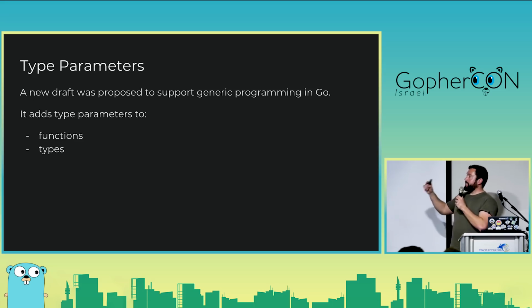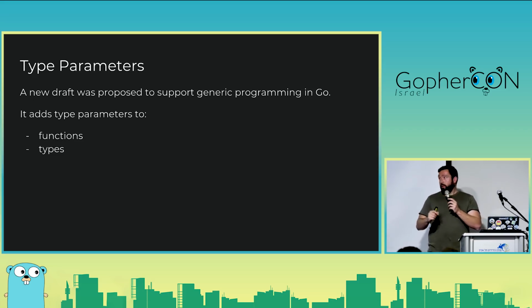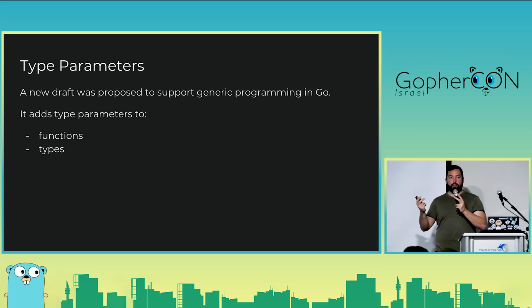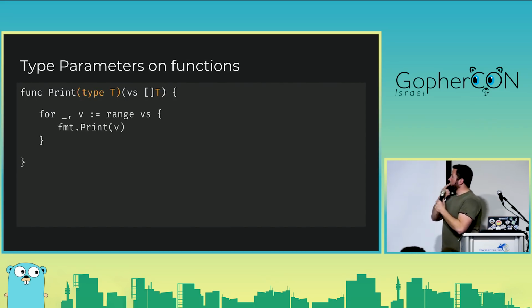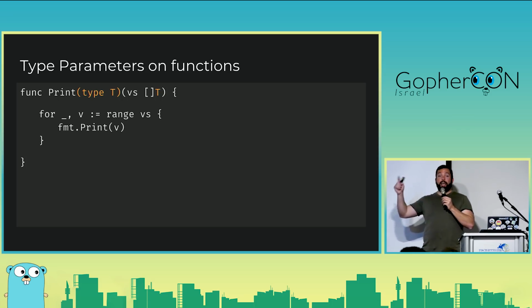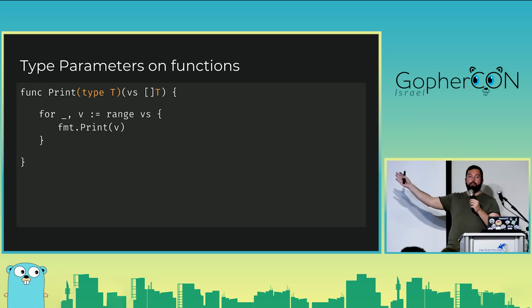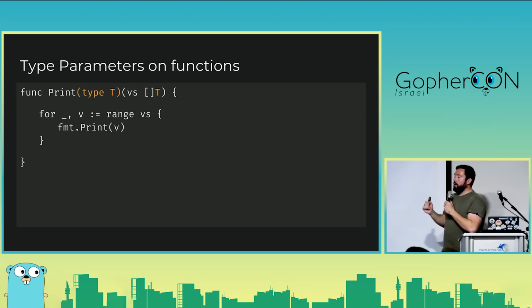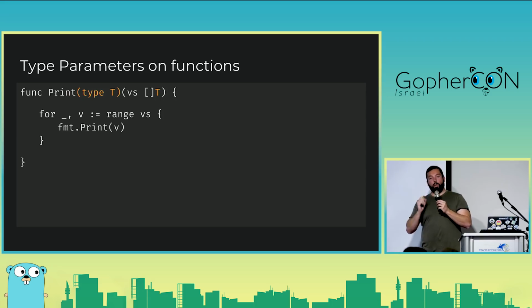It allows you to add type parameters to two things, functions and types. So now functions and types can be generic. What does that mean? Well, it means that you can do this. You can define a function print that receives a slice of T. What is T? It's a type T. And you add it in this way. The first time you see it, it looks weird.